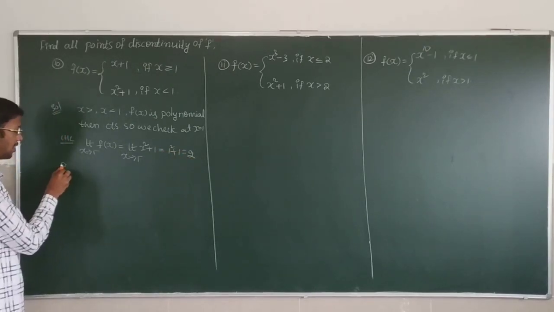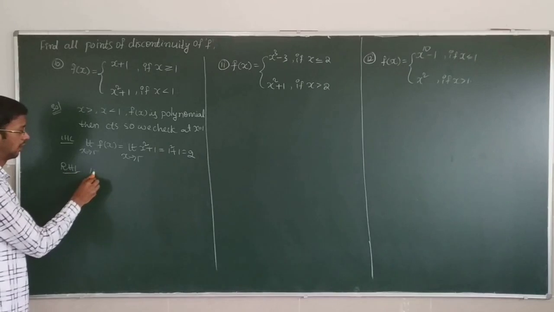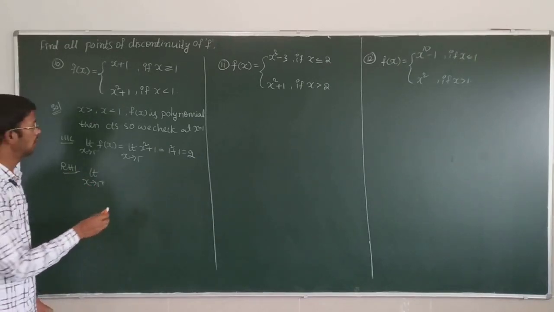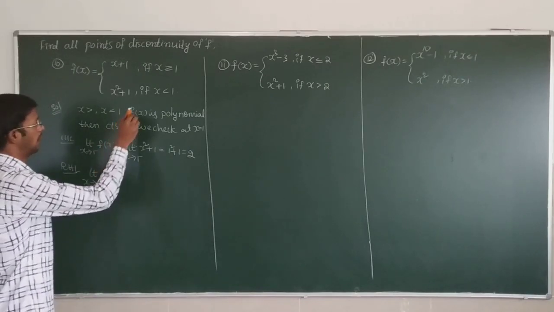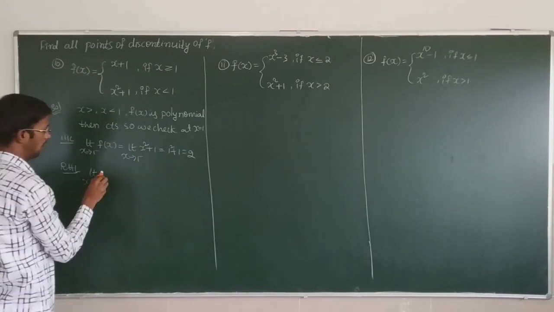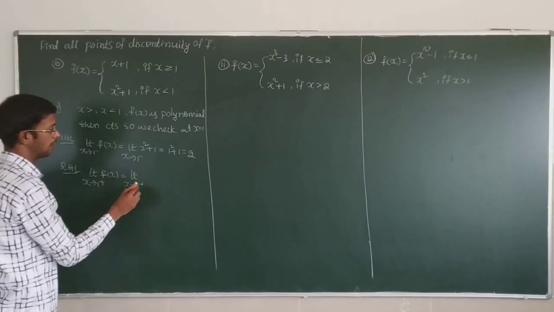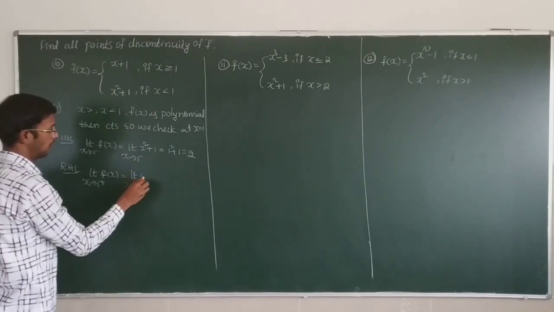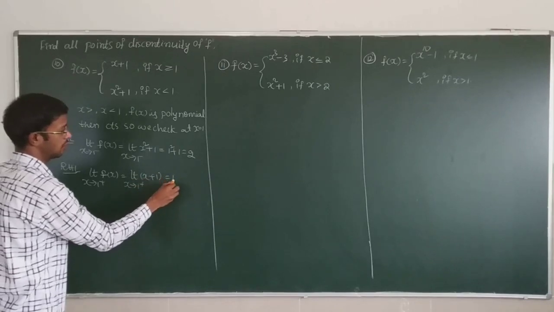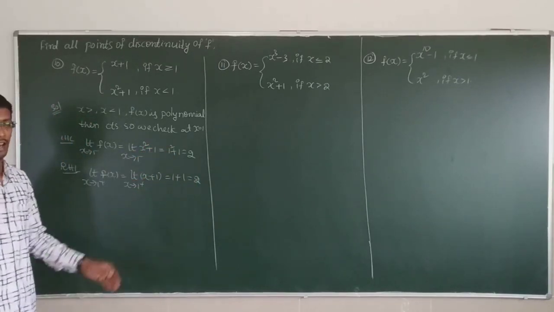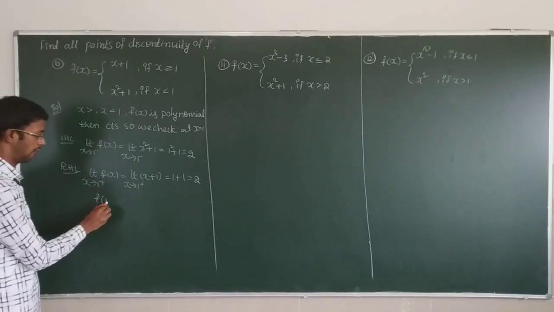Next, RHL. Finding limit x tends to 1 plus f of x value. What is the 1 plus f of x value? It is x plus 1. Substitute here, 1 plus 1 is equal to 2. LHL equal to RHL we are getting. So you have to check f of 1.